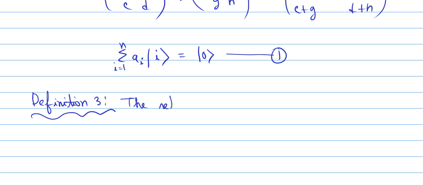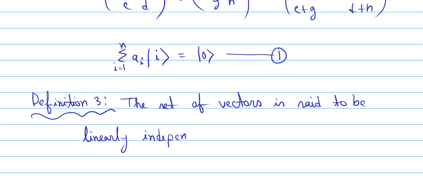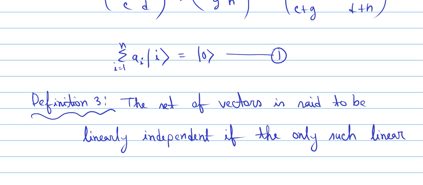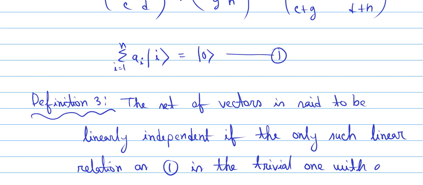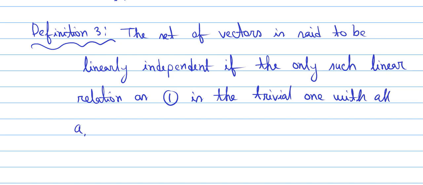The set of vectors is said to be linearly independent if the only such linear relation as equation 1 is the trivial one with all a_i equal to 0.